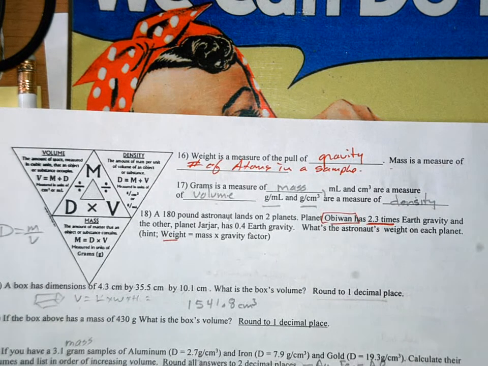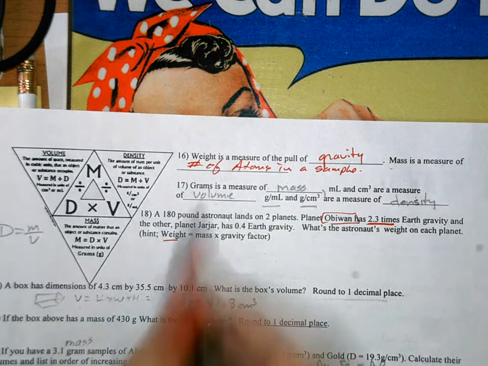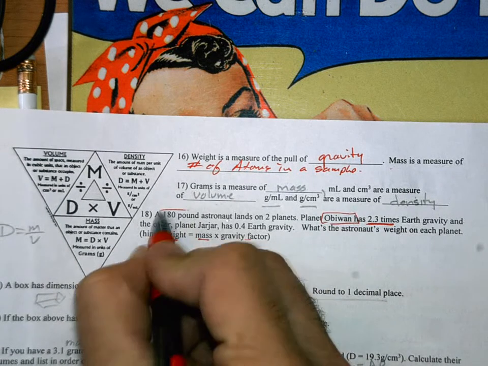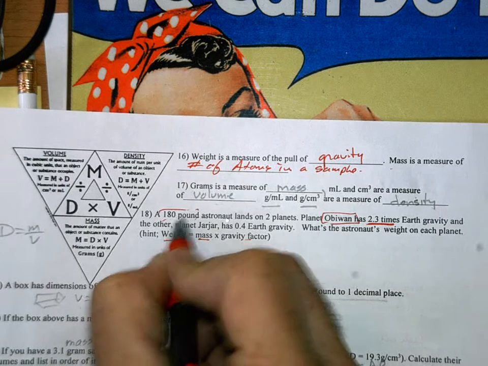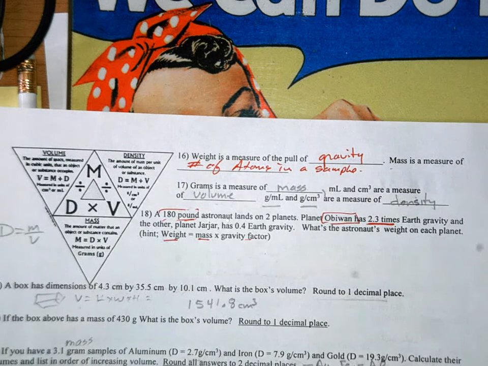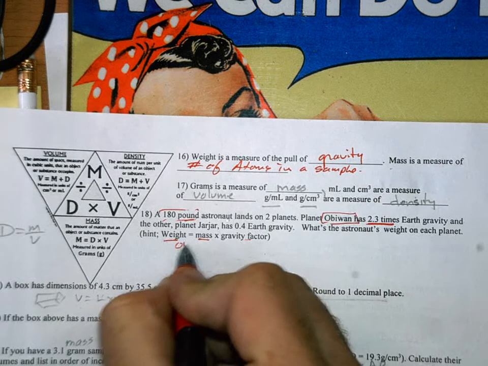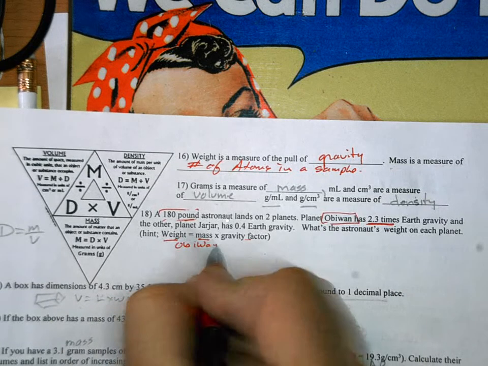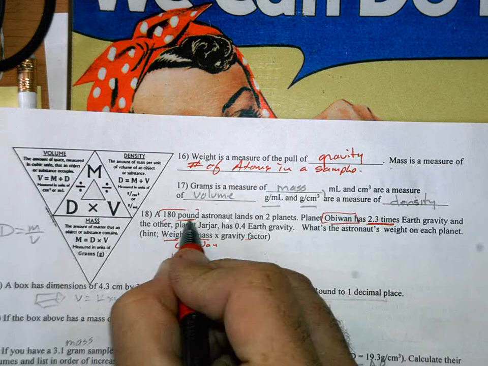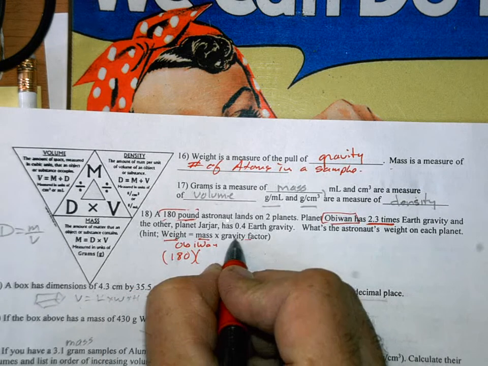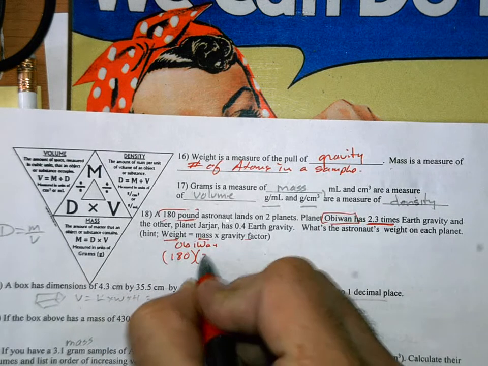Now look, if you're really paying attention, you might have noticed that I said weight is the mass times the gravity factor. But I didn't give you a mass right there. Sorry, just work with me. So on planet Obi-Wan, we're going to multiply the weight by the gravity factor, which we said was 2.3.